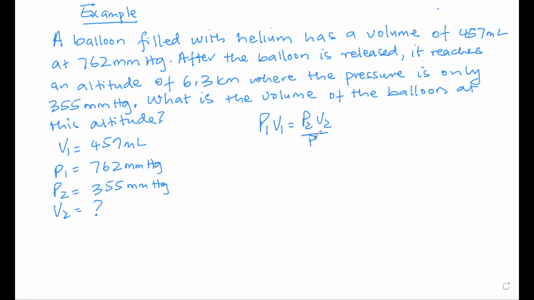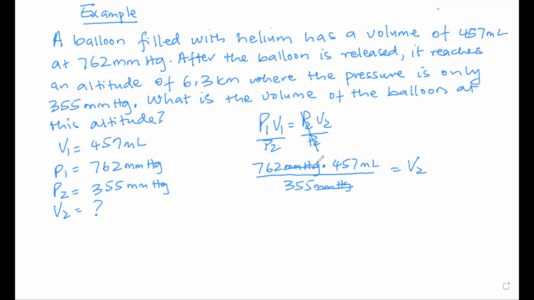We divide by P2 over P2. This we cross out, so V2 is by itself. If you like, I can move it to the right, it doesn't matter. So you plug in the numbers. P1 is 762 millimeter mercury. You must include their units. And V1 is 457 milliliter. Divide by P2, which is 355 millimeter mercury. All of this is equal to V2. So this we cross out.